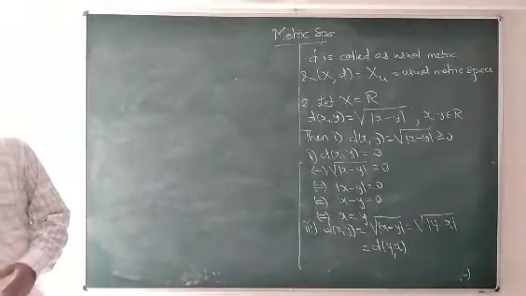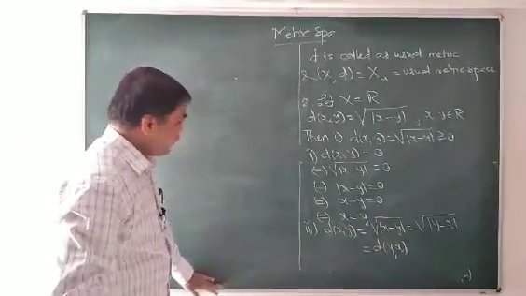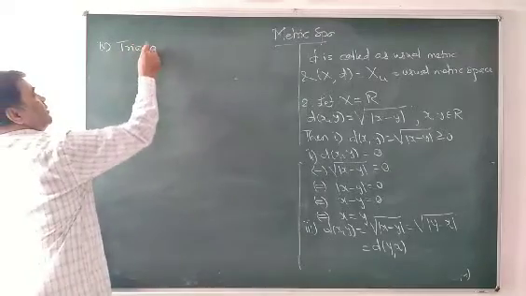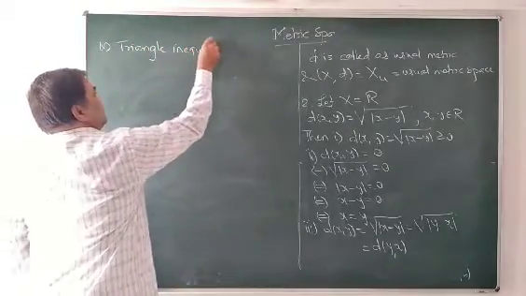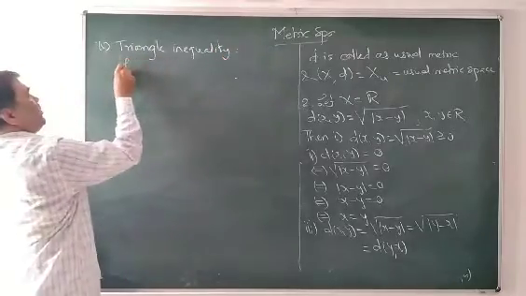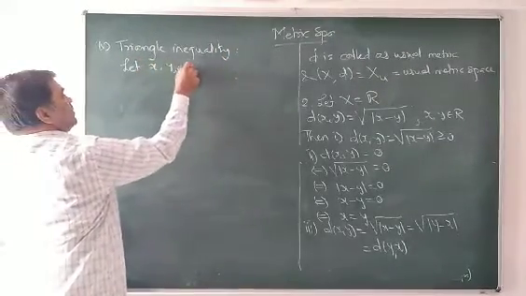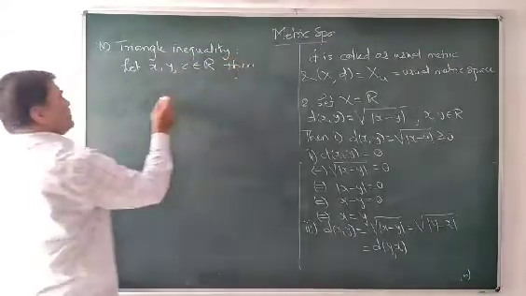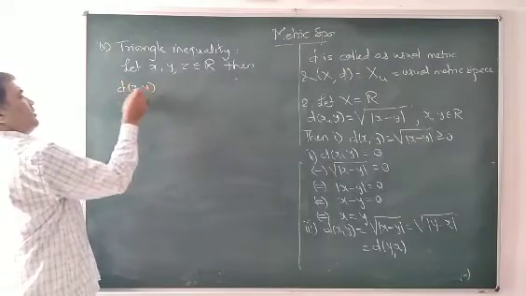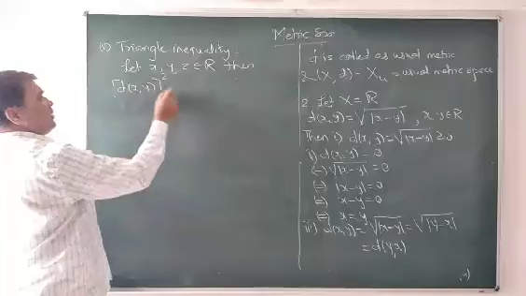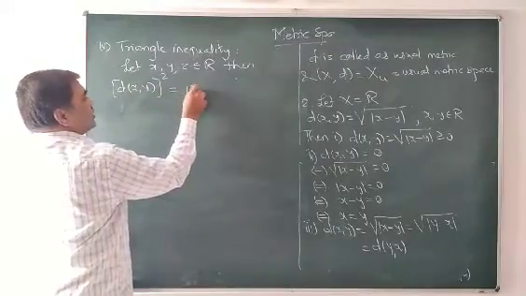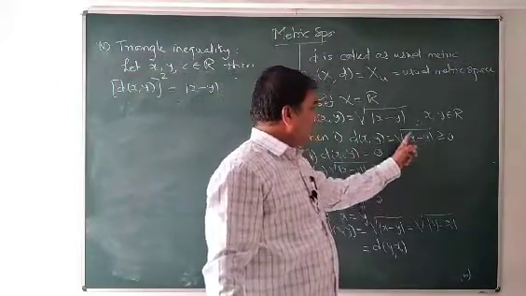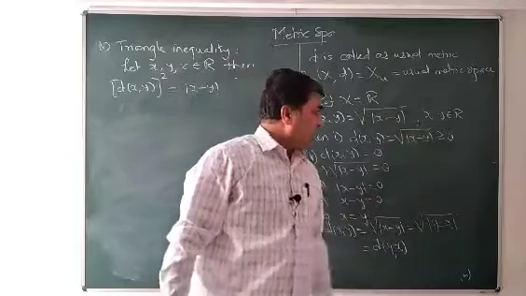The triangle inequality is the most important axiom while showing some function is a metric. So let x, y, z belong to R. Then d of x, y, taking its square, is equal to mod of x minus y, because d of x, y is nothing but the square root of mod of x minus y, and taking the square and square root will get cancelled.